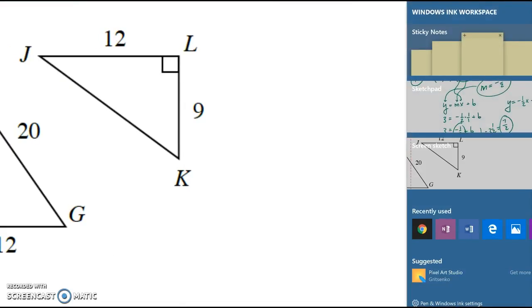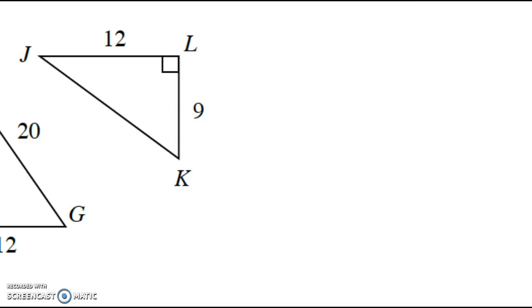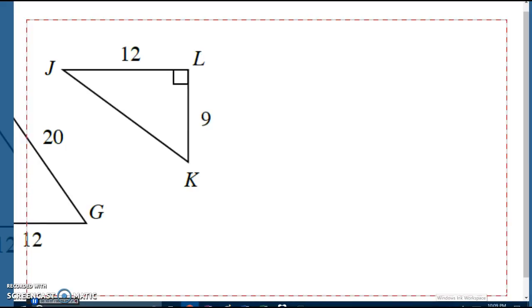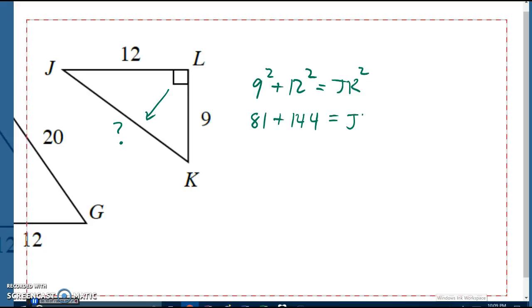Hopefully you're thinking, yes, we can. If you were, you're right, because we can use the Pythagorean theorem. The hypotenuse is always across from the longest leg, so we can say 9 squared plus 12 squared equals JK squared. 81 plus 144 equals that segment JK squared.